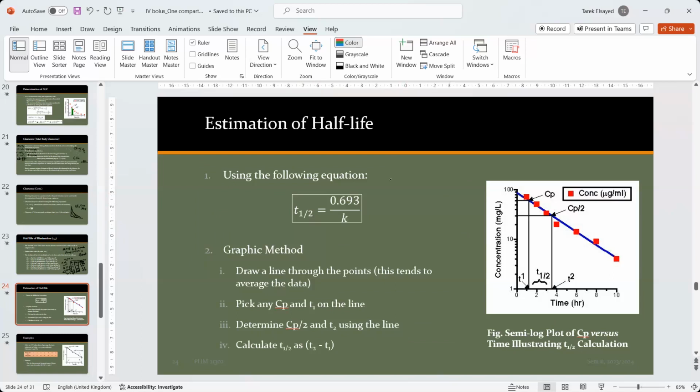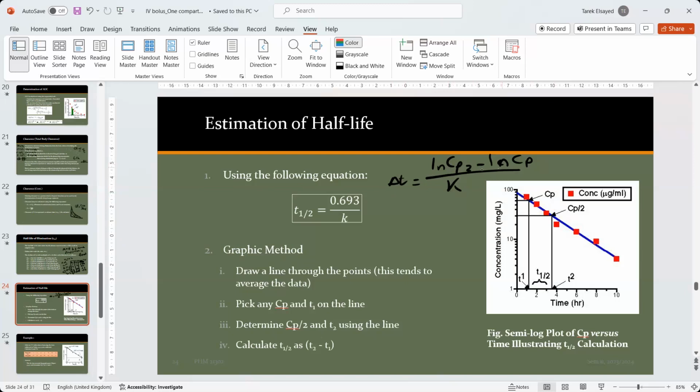Delta T equals ln CP2 minus ln CP1, divided by K. Remember the original equation, K equals this numerator divided by this denominator. So we just changed the position.